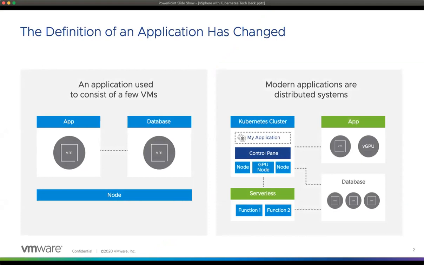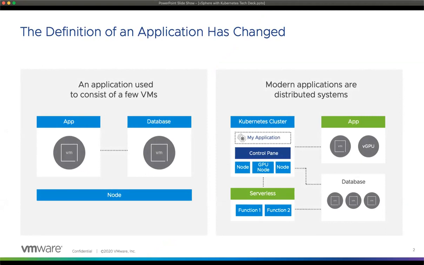So let's first start out with what an application has been and what it's changing to. Most applications today running in a virtual environment are separate virtual machines. You have an app running on a virtual machine, a database running on a virtual machine, the web tier running on a series of virtual machines.